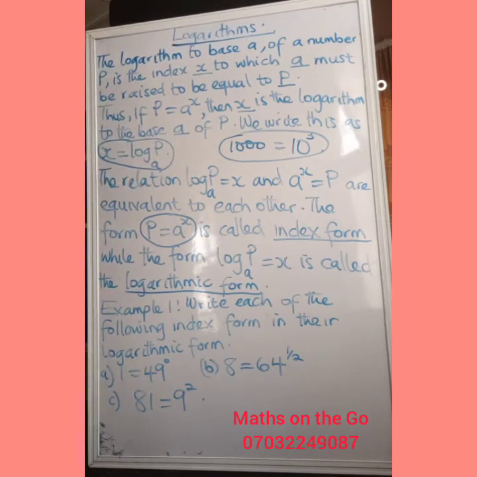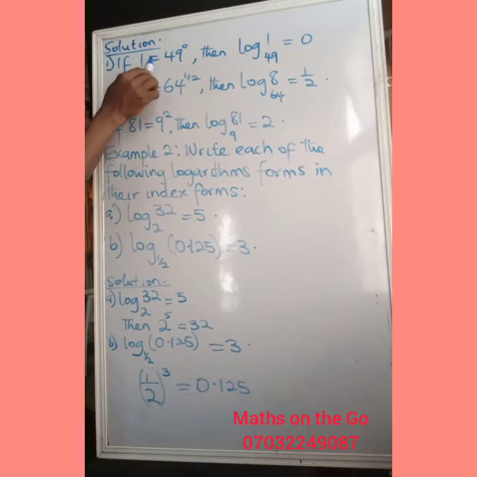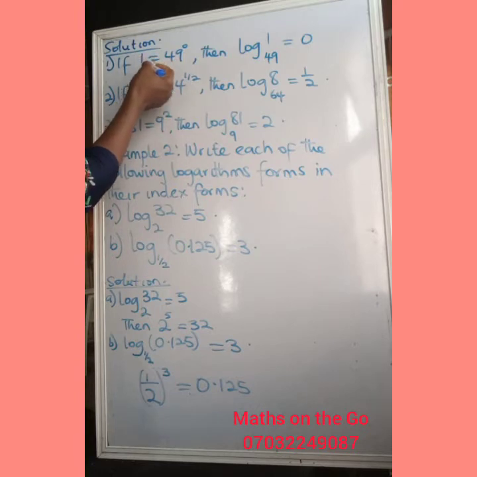Alright, so we will continue. To write our question in logarithm form, the first question is 1 equals 49 raised to the power 0. Remember, they told us, if you're writing in logarithm form, log of the number, base the number that is carrying the power, equals the power.